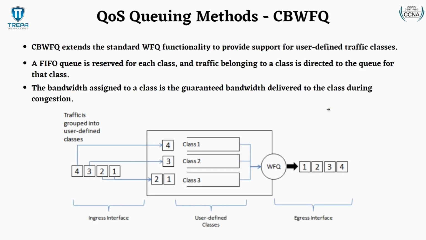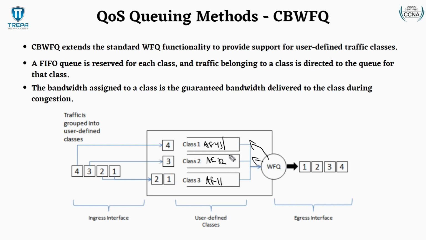And then we have class-based weighted fair queuing, where we're going to create these different queue buffers that we define. So we classified our traffic. So maybe this is AF43, this is AF32, this is AF11. And with the weighted fair queuing, it's still going to have that mechanism where we decide, okay, this traffic is higher priority, so we're going to take more.